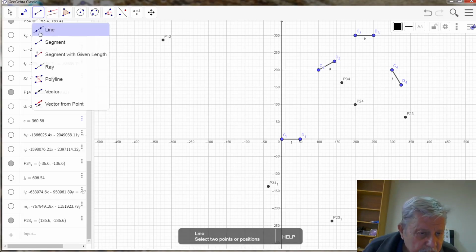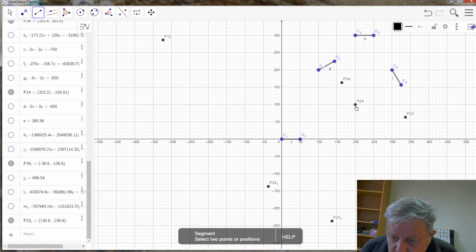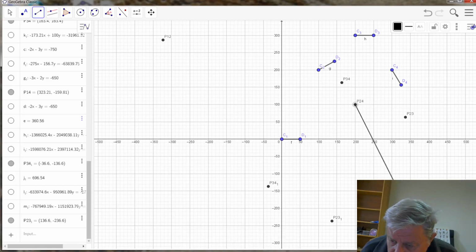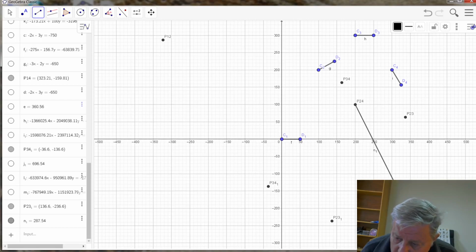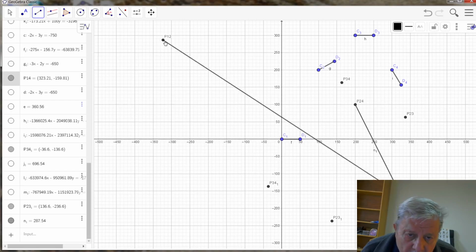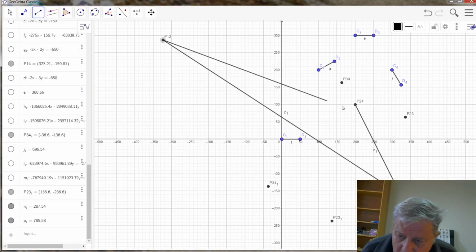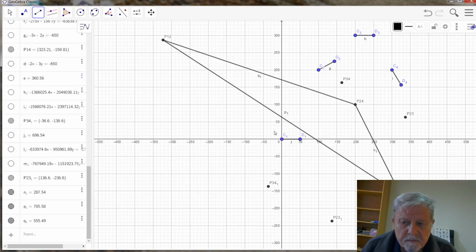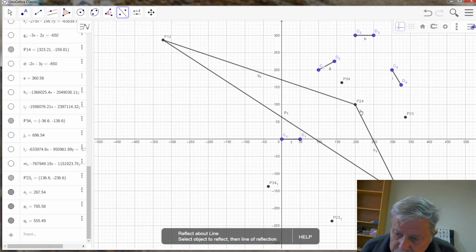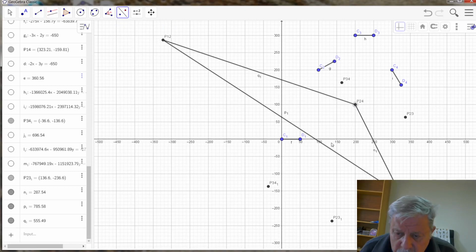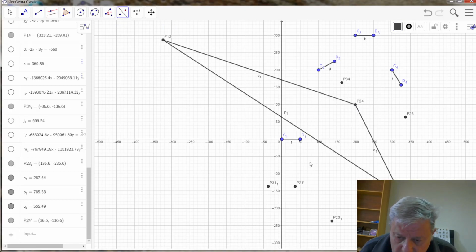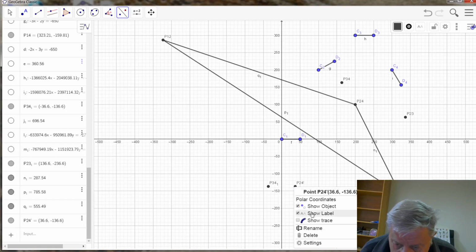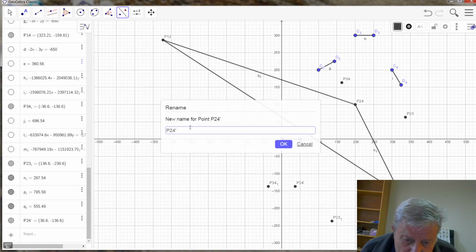Now I have a pole triangle like this. This is side 1. Take the image of P24 with respect to side 1. That is going to give you, rename it as P241.